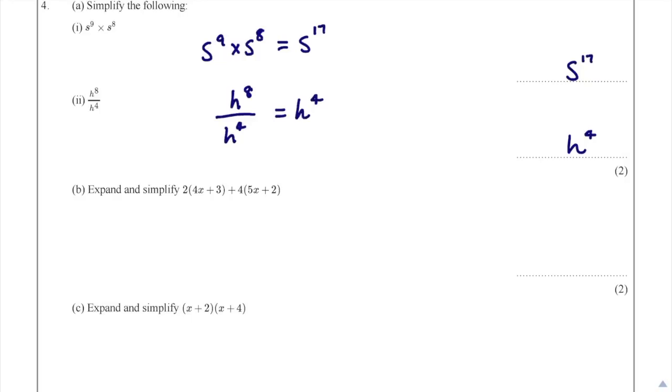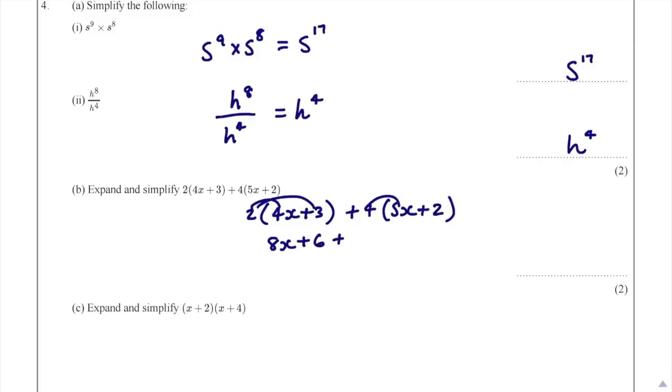And then part B says expand and simplify 2 all multiplied by 4x plus 3, plus 4 all multiplied by 5x plus 2. So if I write that out, we're going to expand the brackets, so we're going to have 2 multiplied by 4x is 8x, plus 2 multiplied by 3 is plus 6, plus 4 multiplied by 5x is 20x, plus 4 multiplied by the 2 is plus 8.